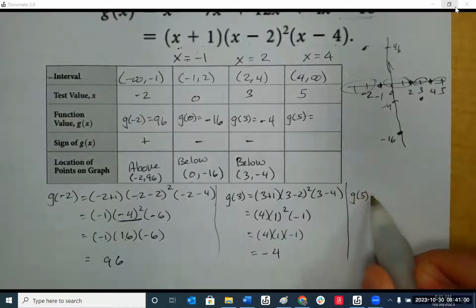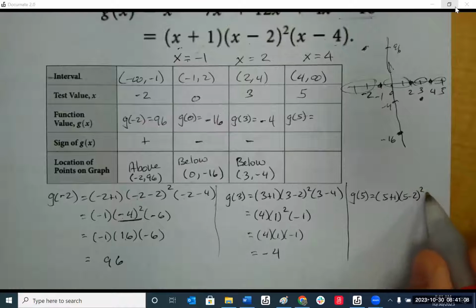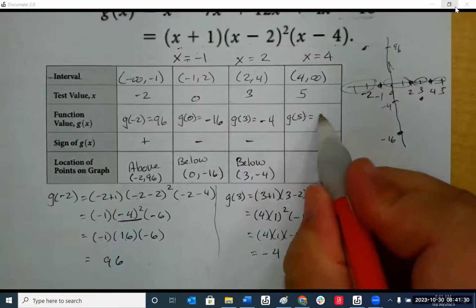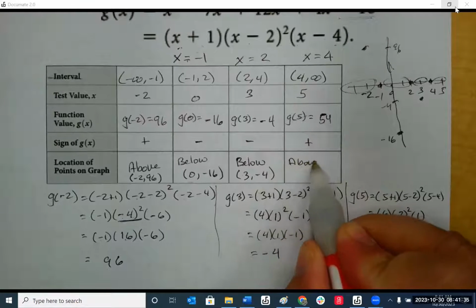At 5, 5 plus 1, 5 minus 2 squared, 5 minus 4. 5 minus 2 is 3 squared, 5 minus 4 is 1. 3 squared is 9. 6 times 9 is 54 times 1. It's positive, so it's above the x-axis.